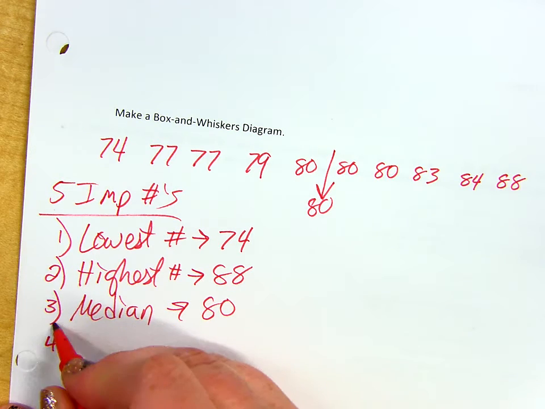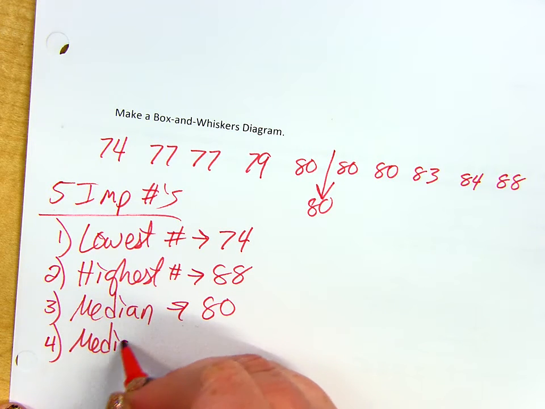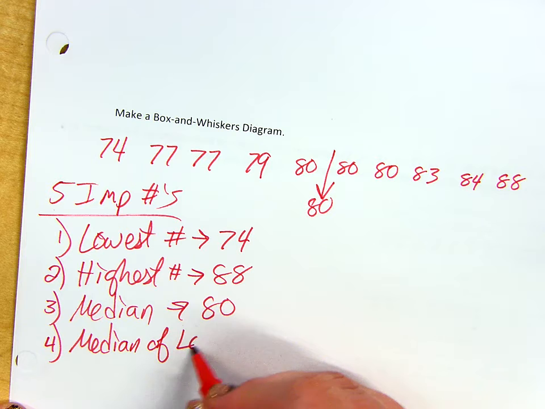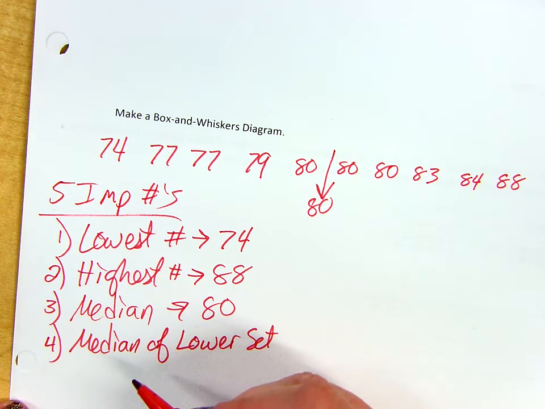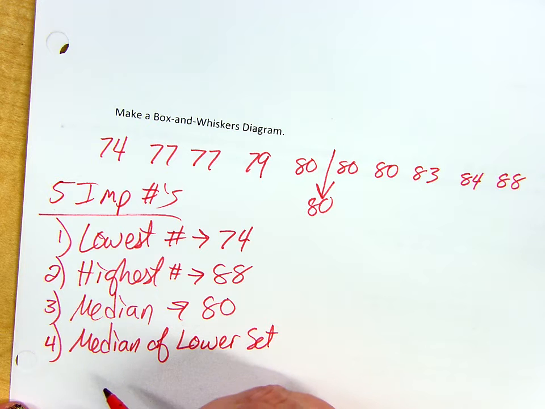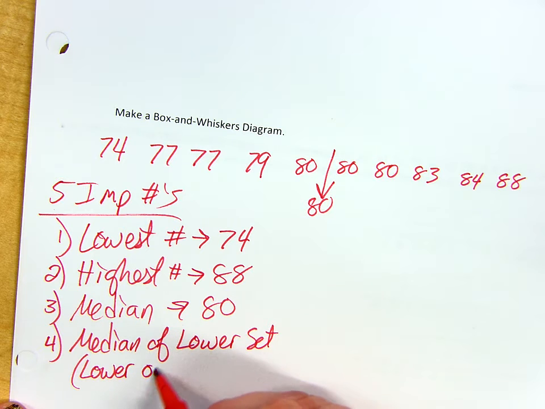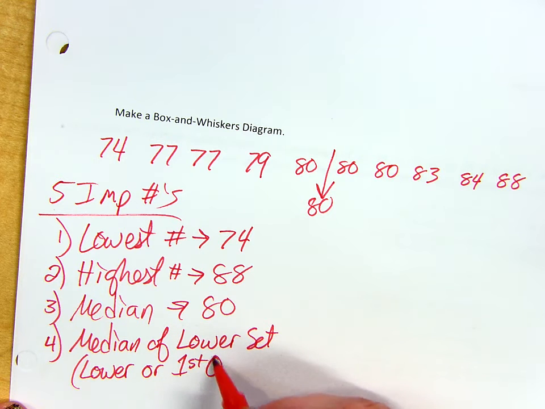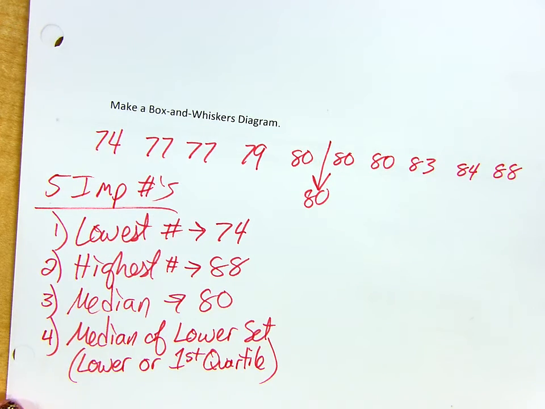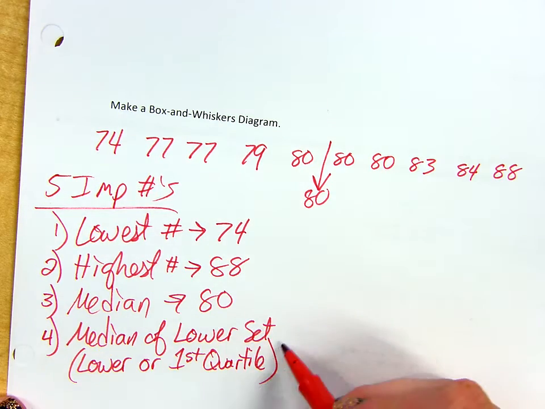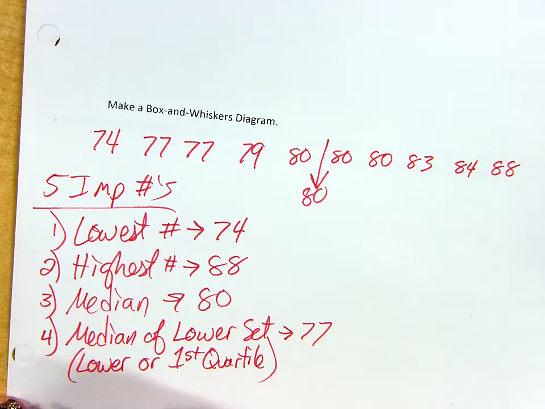This has a fancy name. It's called the lower quartile or the first quartile. That's its fancy name, but that's all it is. It's just the median of your lower set of numbers. So for us, that's 77.